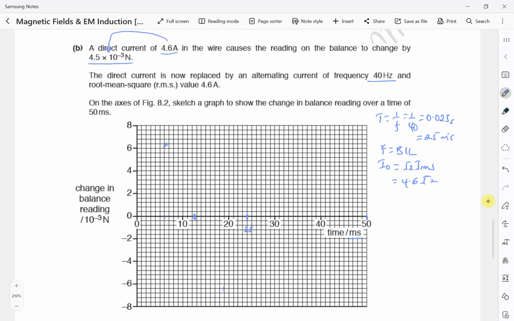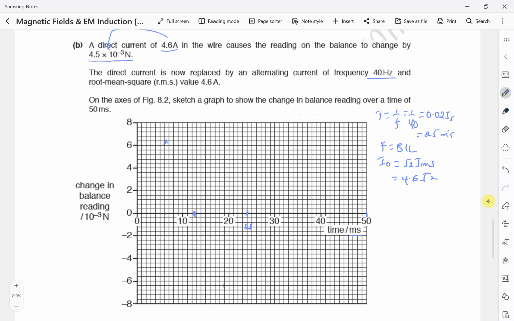That is the peak current. So the peak force, F naught, is going to be equal to a constant times, of course B and L are constants, 4.6 root 2, divided by the initial force, which is 4.5 times 10 to the power of minus 3 divided by the same constant times 4.6.